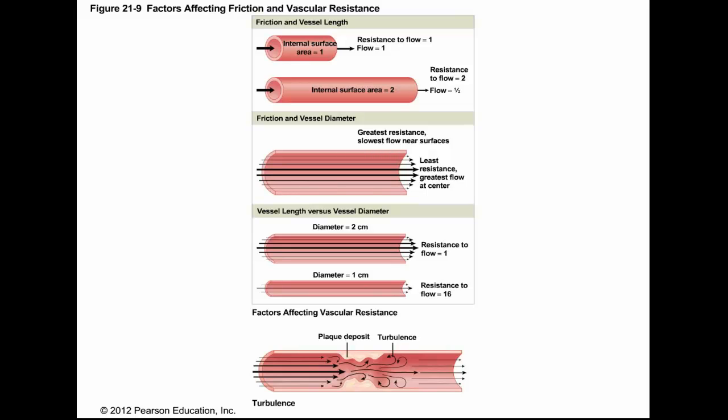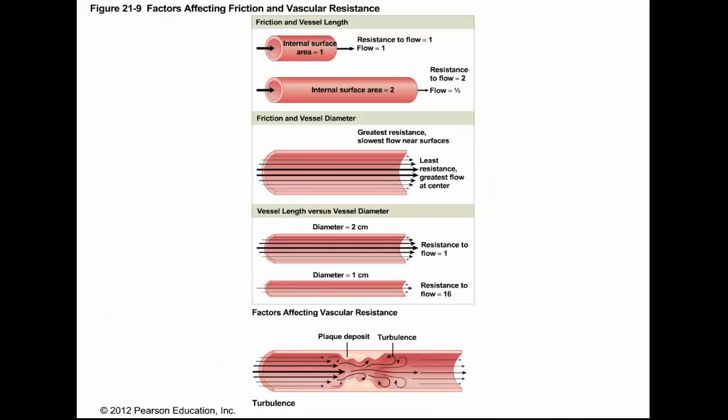The final diagram that we're looking at in the box is vessel length versus vessel diameter. Diameter is how far it is from one side of the inside to the other, which is 2 centimeters, and the one underneath is half the size, 1 centimeter. Here we've got the same length, but the diameter of one is half of the other.